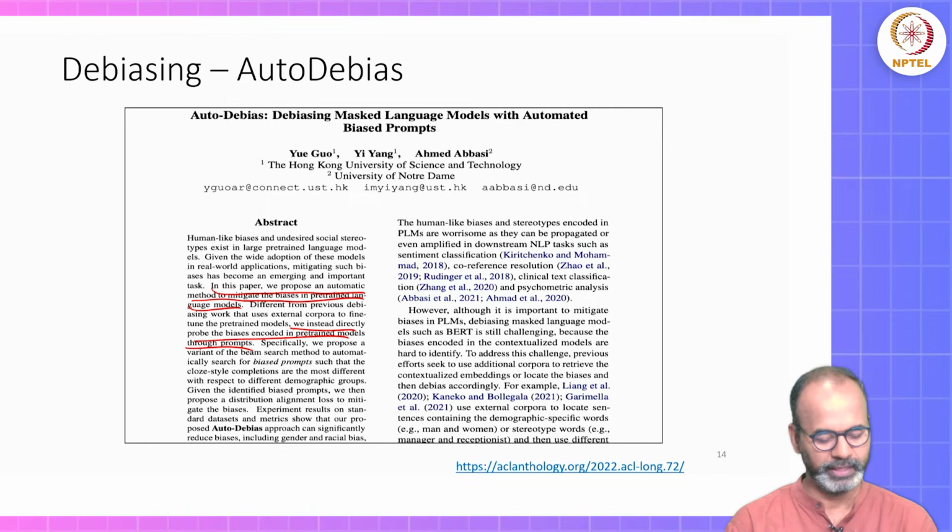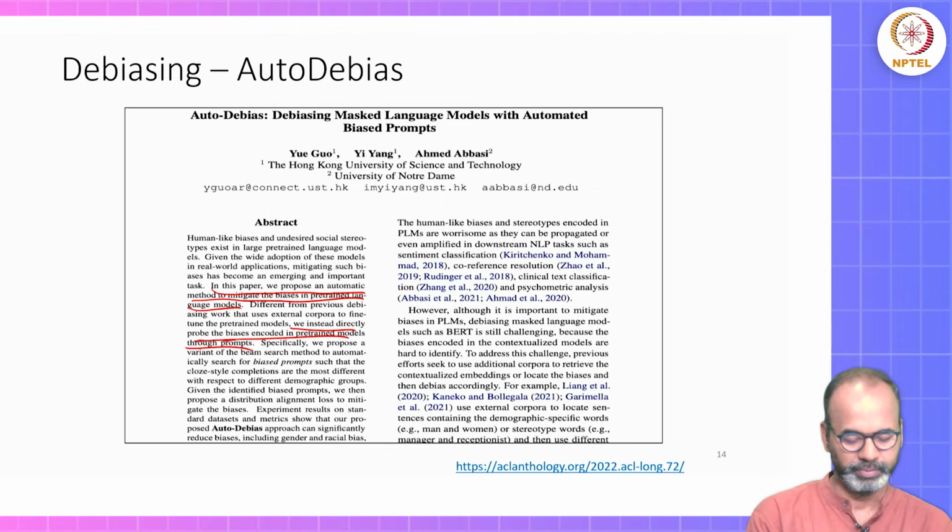Specifically, we propose a variant of beam search method to automatically search for bias prompts such that the closed type completions are the most different with respect to different demographic groups. Given the identified bias group, we then propose a distribution alignment loss to mitigate the bias. They create a method using this to probe the bias encoded in pre-trained models through prompts.